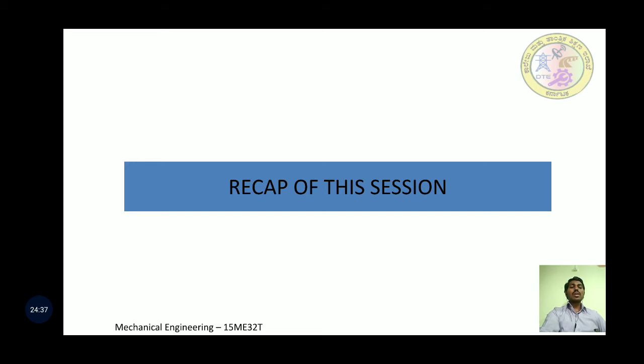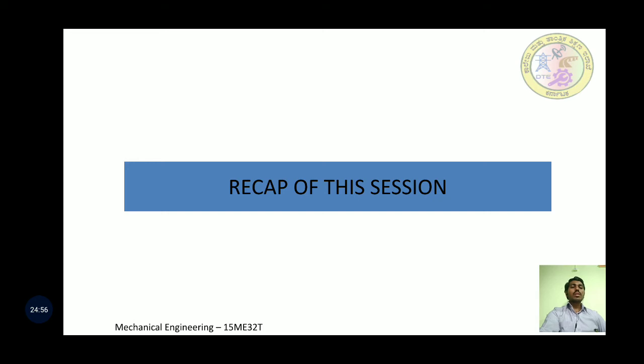Higher pair, when two elements of a pair have a line or point contact when relative motion takes place and the motion between the two elements is partly turning and partly sliding, then the pair is known as a higher pair.